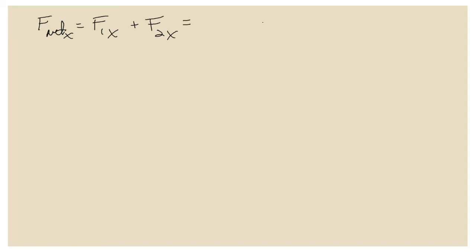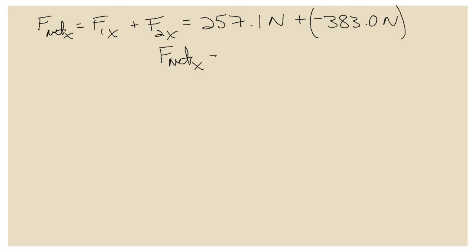And that gives us F1x, 257.1 newtons, plus F2x, which is negative 383.0 newtons. And when we do that, we get an F net x of negative 125.9 newtons.